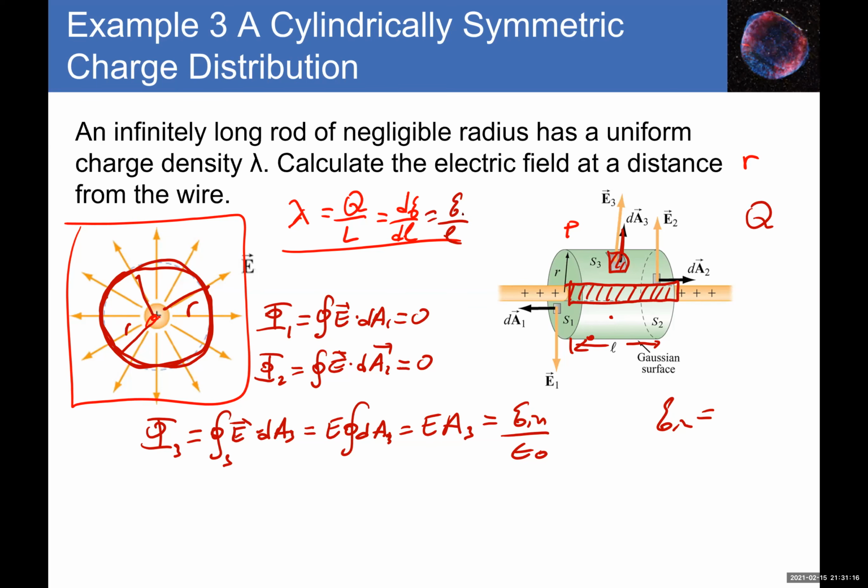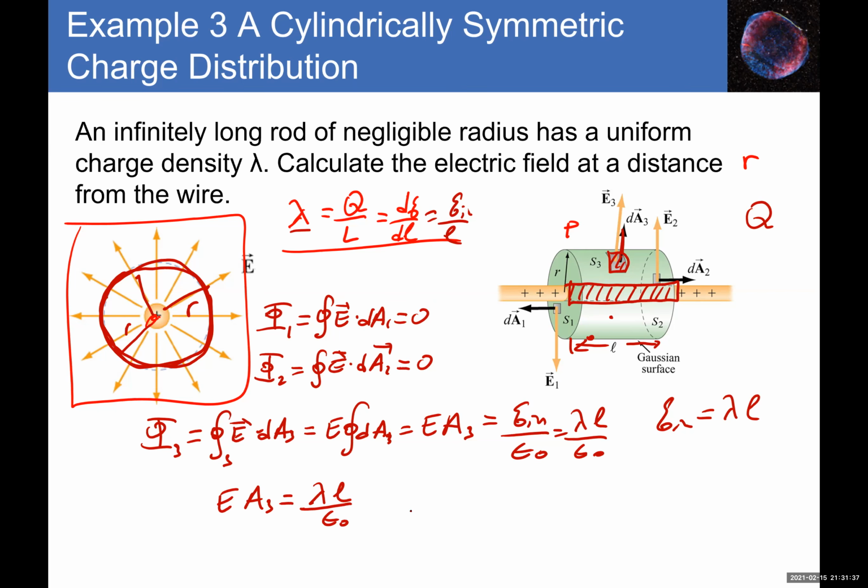That means lambda equals Q in over length L of the cylinder, so Q in equals lambda times L. So electric field times area 3 equals lambda L divided by epsilon naught.